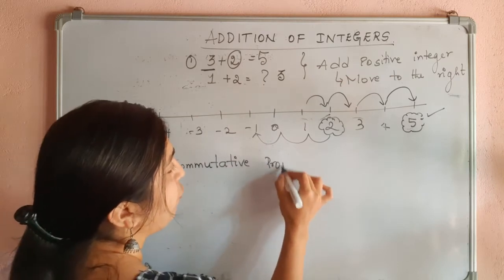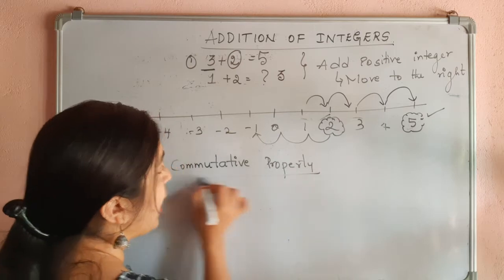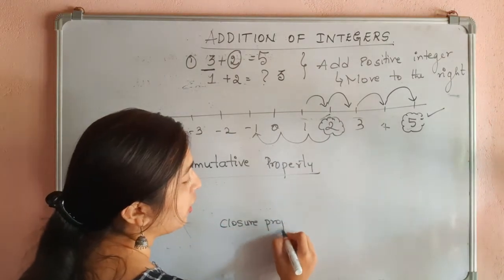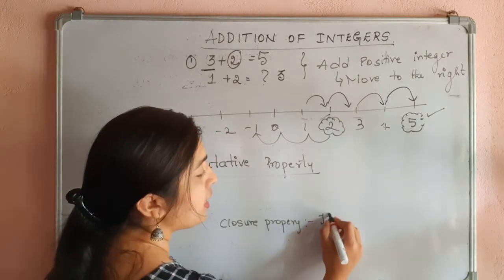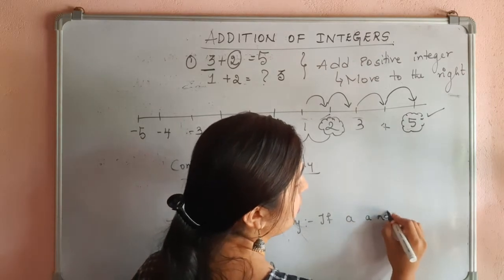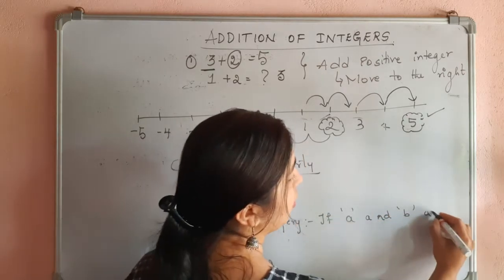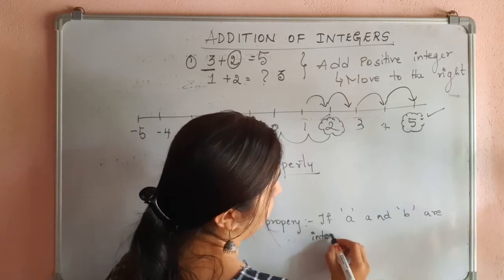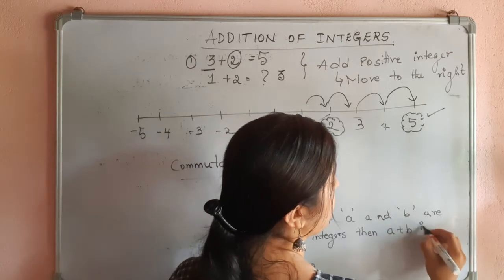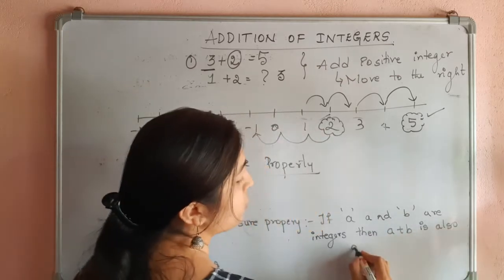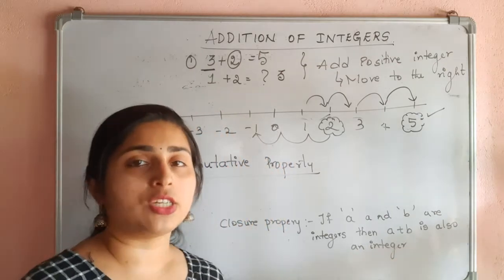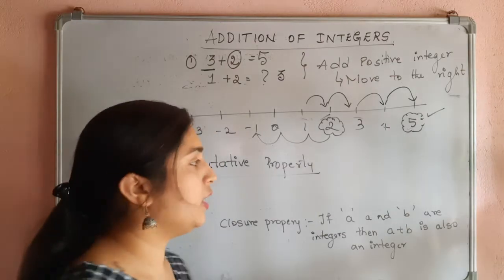And before this, for the closure property, you can write: if A and B are integers, then A plus B is also an integer. That means whenever you are adding two integers, the result is also an integer.